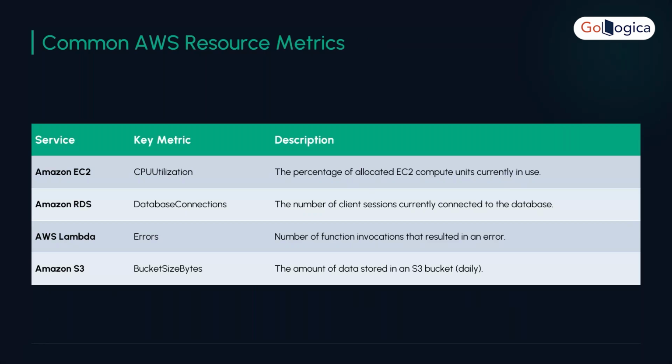For that you need to create custom metrics, and you can change the frequency to 1 minute and even less than that. You can do every second also, but definitely the more frequent access you want, the more you need to pay. Now Amazon RDS: for RDS, the key metrics we have include database connections.